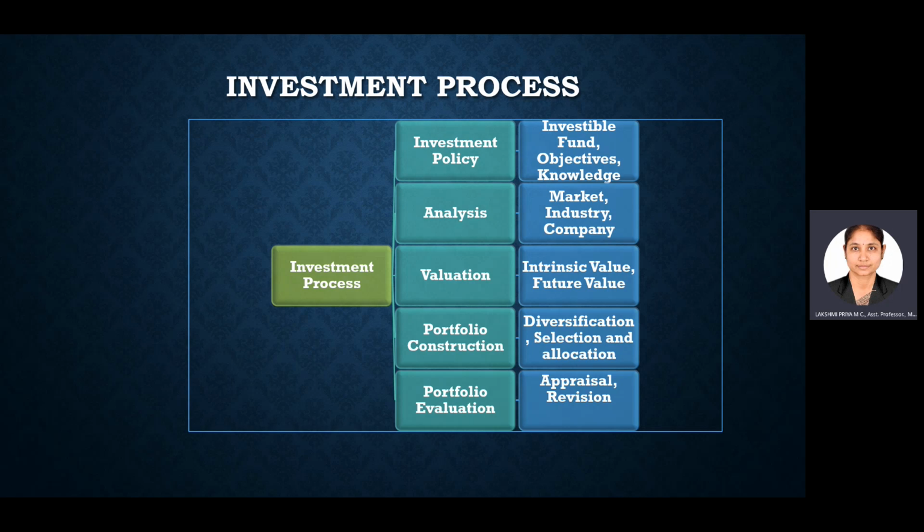So, how does an investor construct a portfolio? It is in such a manner that the investor's goals and objectives are met. The investor should decide how best to reach the goals with the securities that are available. And the investor will try to attain maximum return with minimum risk.